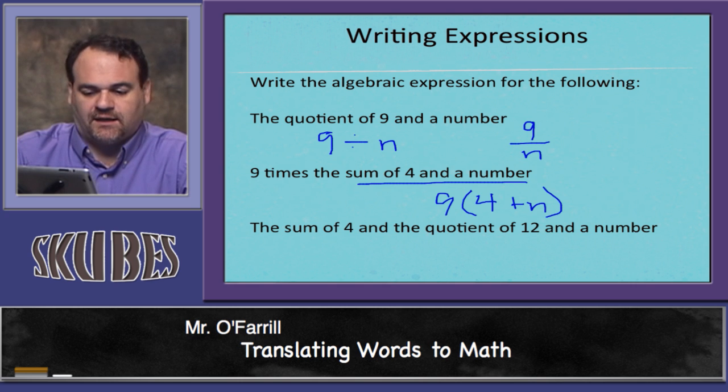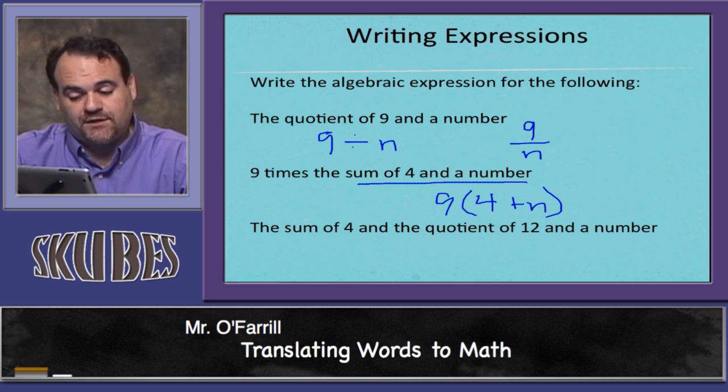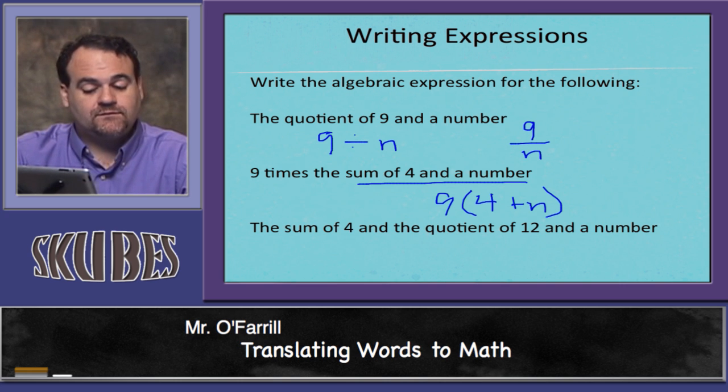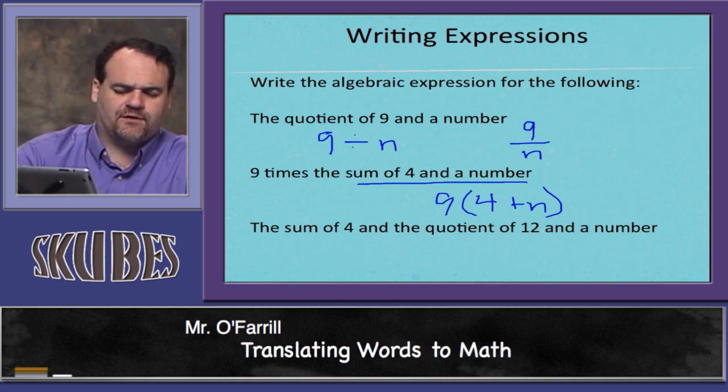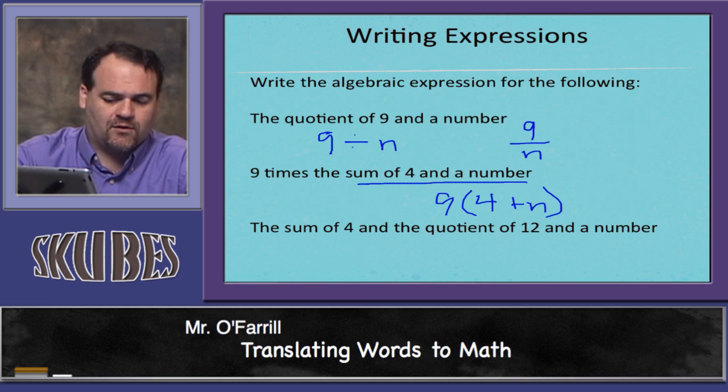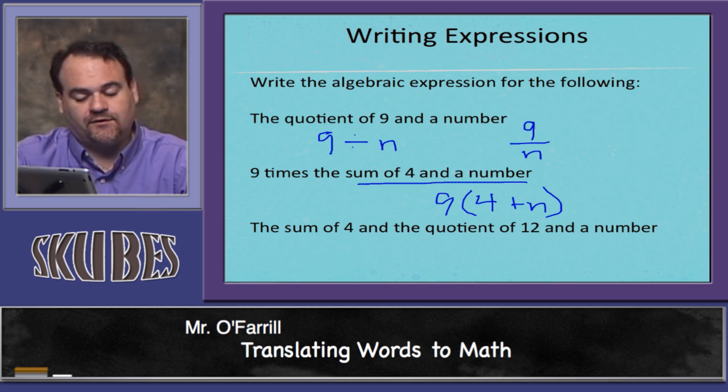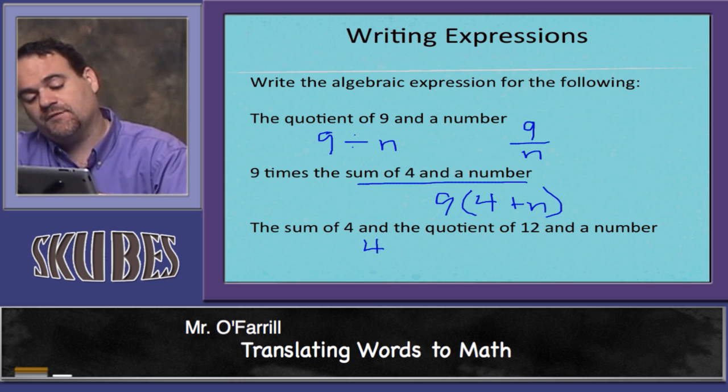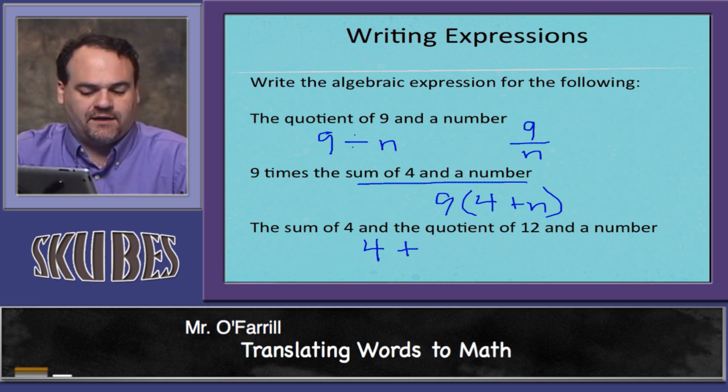And the last one on this slide, the sum of 4 and the quotient of 12 and a number. Okay, so what should happen first? We're asking for the sum of 4 and something else. So 4 is being added to something, and now we've got to figure out what this other thing is.